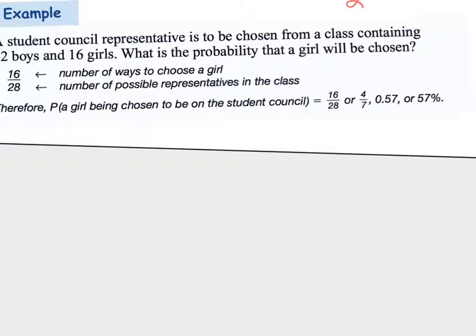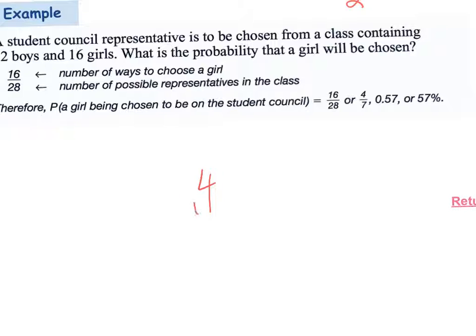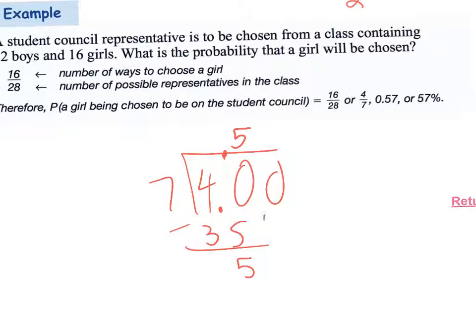If I wanted to make it into a decimal, I would divide 4 divided by 7, top divided by bottom, top in the house. Add my zeros, do my multiplication. 7 times 5 is 35. Subtract, bring down the 0. 7 times 7 is 49. Subtract, bring down the 0.